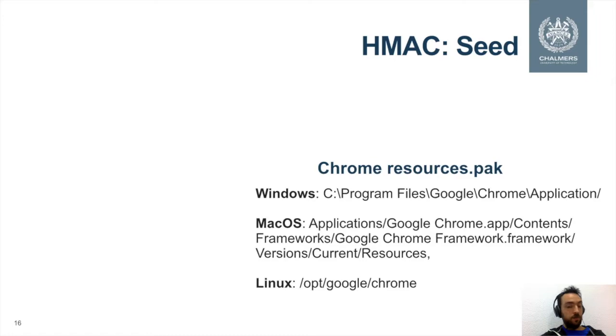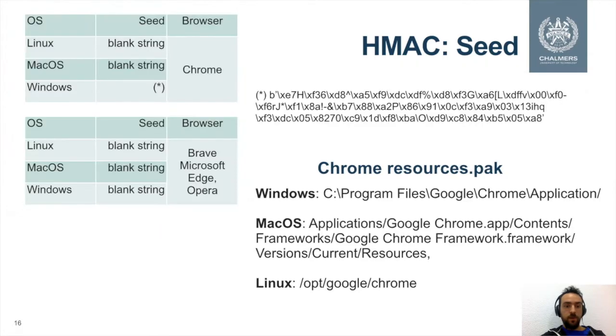Well, as I said before, the seed is stored in a file called resources.pak. This file is provided by the browser, and it has different content depending on the vendor and the operating system the user has. Here we can see the usual paths that this file has in different platforms. For instance, in Chrome, it has the blank string in both Mac and Linux, whereas in Windows, the seed looks like the string we can see at the right part of the screen.